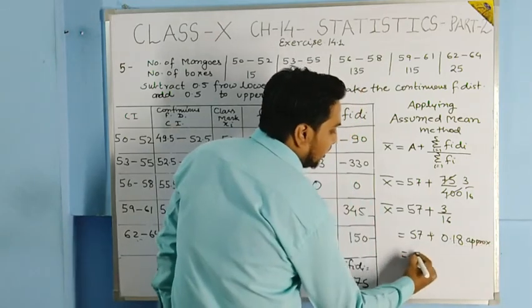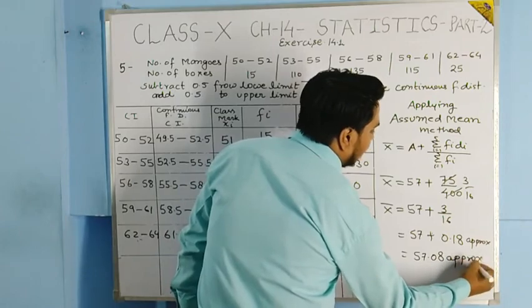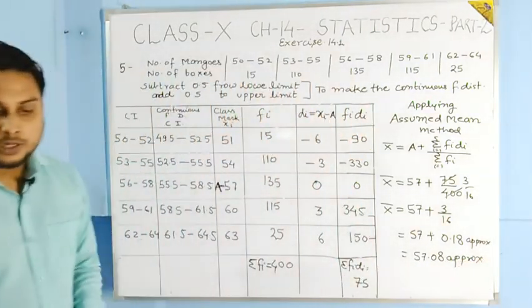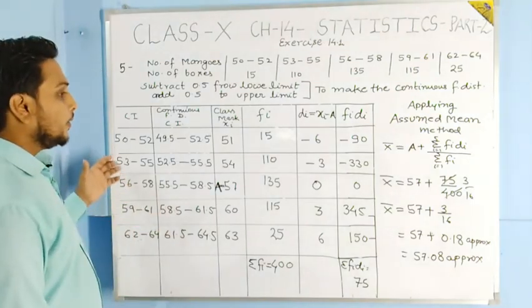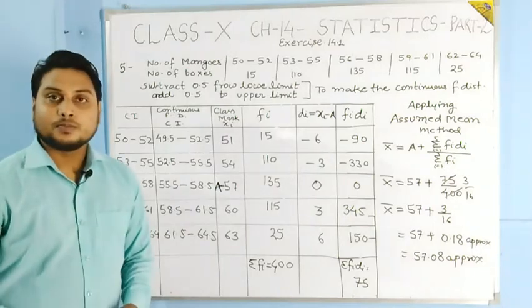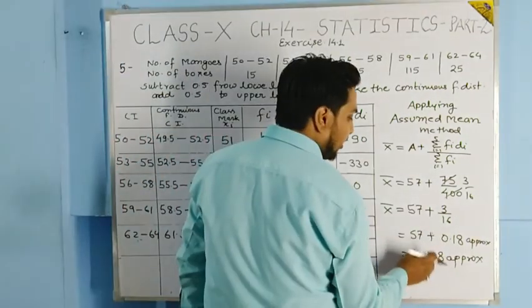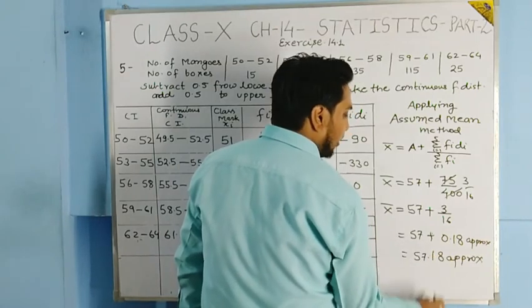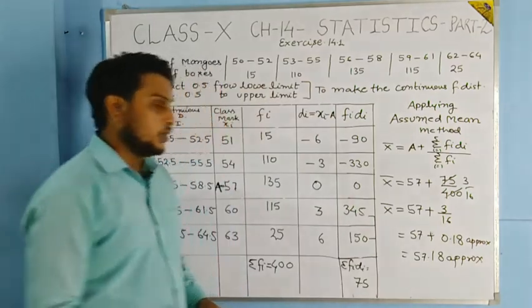So the result will be 57.18 approx. Sorry, here it will be 57.18, here it will be 18. And if the larger number is there, we'd get 57.19.